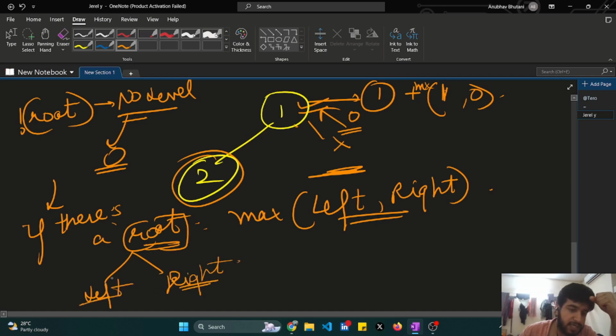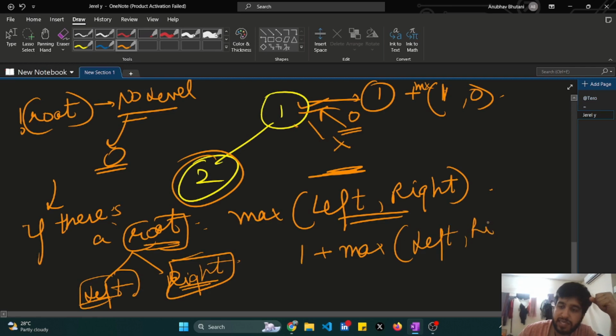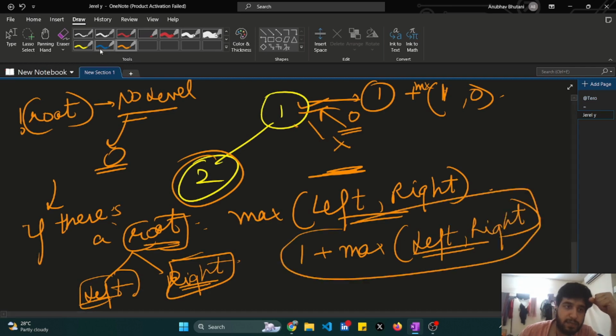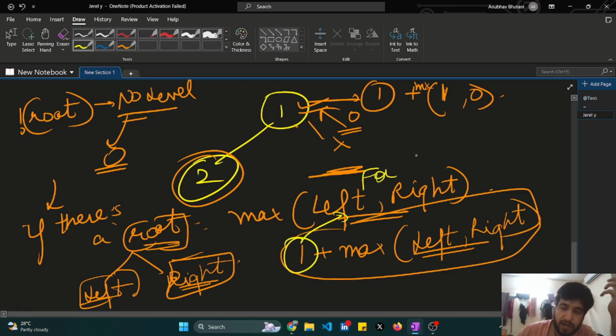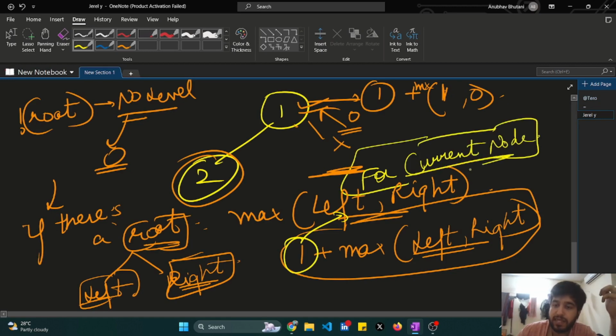If you traverse its left and right, you just have to return 1 plus max of left comma right for each case. Why plus 1? Because this plus 1 is for the current node from where you are traversing, because that node would also be a level.